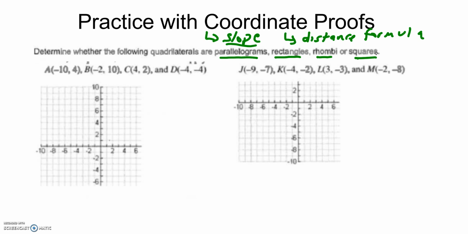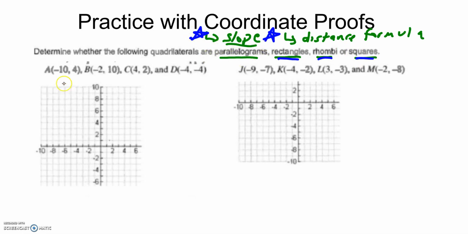And I would say that slope is usually the way I'm going to be doing it, because I feel like it's a lot faster than the distance formula. I'm sure you agree with me that slope is usually faster. So I'm going to be focusing on that the most with these two proofs. And we're going to be using coordinate proofs again, mainly to prove rectangles, rhombi, or squares. Parallelograms, we're going to do the formal stuff we were just doing.